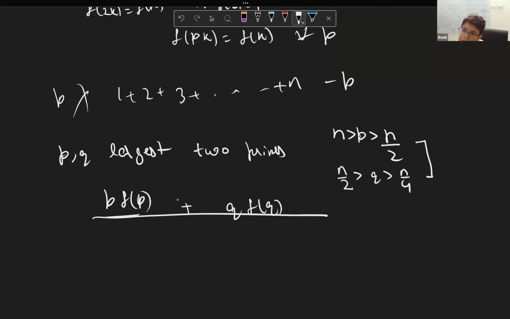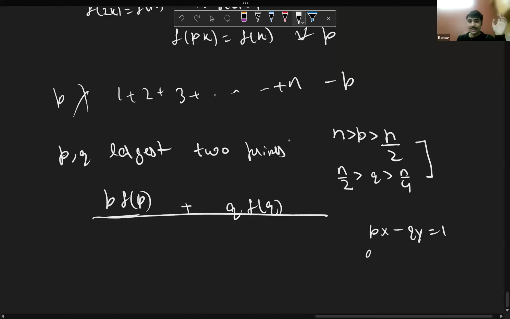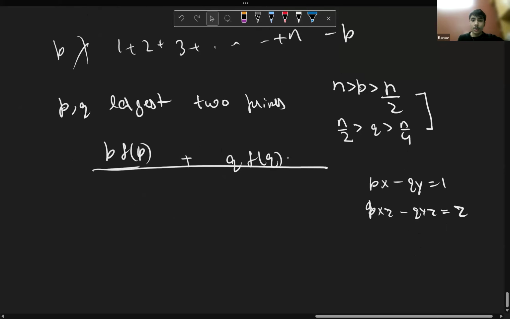Because p and q are co-prime, so there exist linear combinations px minus qy equal to 1. Then you can use Diophantine. Exactly. So you can make px z minus qy z equal to any z. And we were choosing integers, not positive integers. So that's one thing. So what if there's a 2q existing as well?